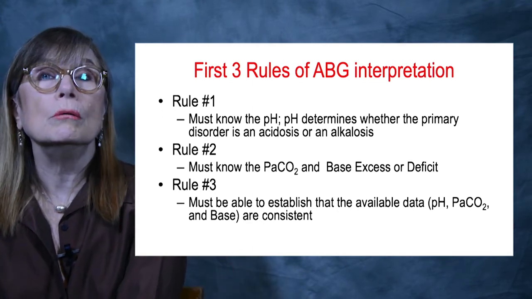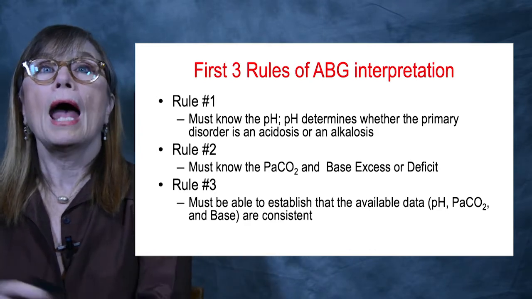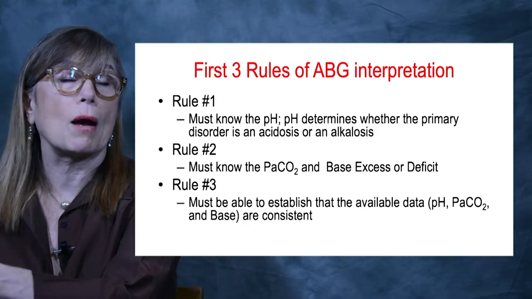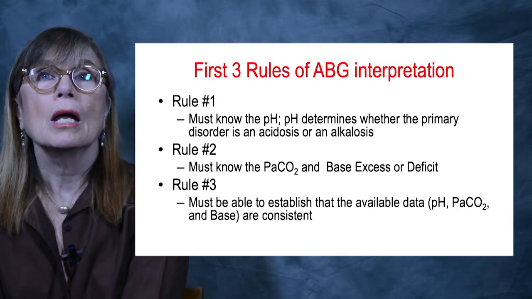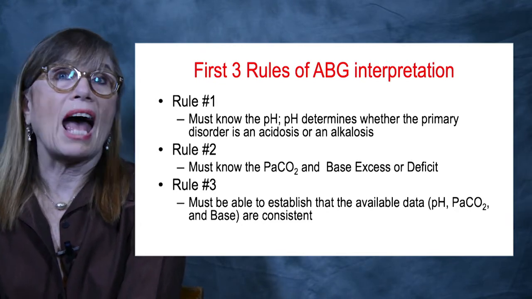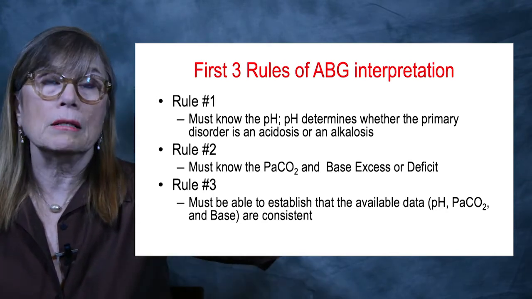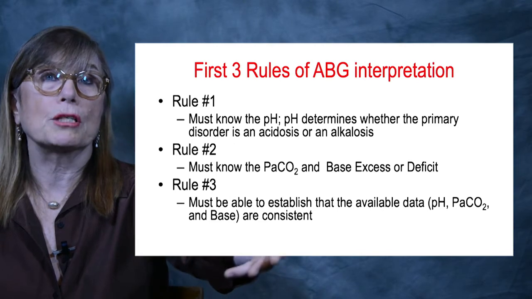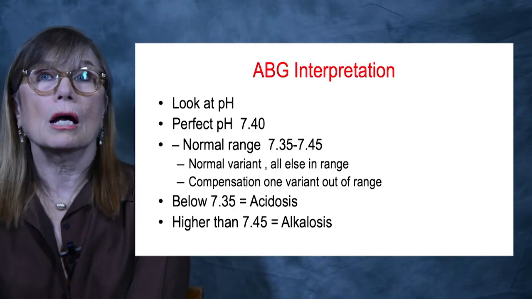Rule number 2, you must know the PaCO2 as the respiratory acid and the base excess or deficit as representative of the metabolic side. And in rule number 3, you need to be sure that the data is consistent. In other words, you've seen it in a trend, and you're seeing physiologic compensations that also tell you.